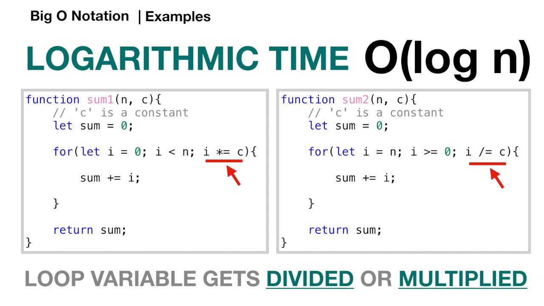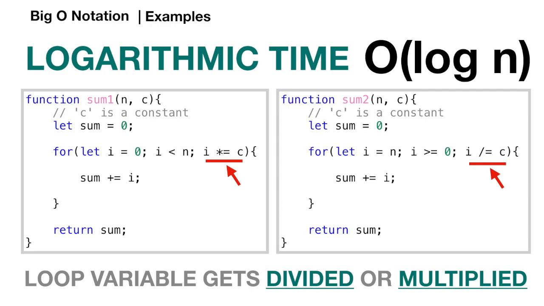Another runtime which we see often is logarithmic runtime. An algorithm is considered to have a complexity of big O of log n when it consists of a loop, and the loop variable gets divided or multiplied by a constant number. Let's take a look at the example function here. The function sum1 takes two arguments, an input n and a constant number c.